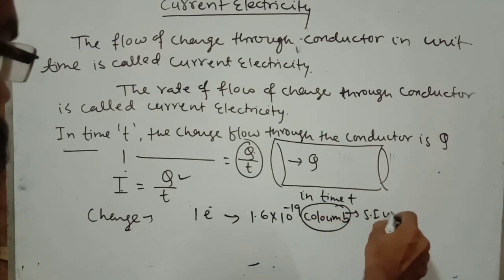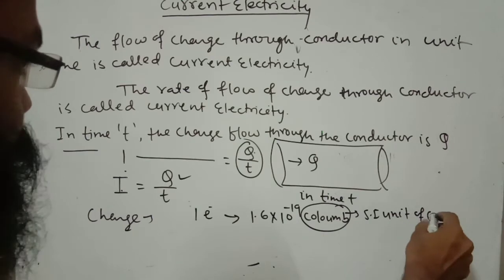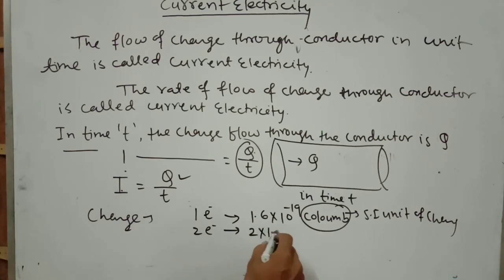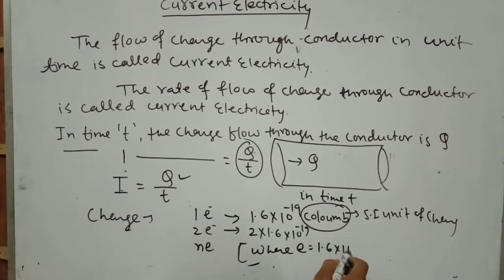If 2 electrons flow, the charge is 2 into 1.6 into 10 to the power minus 19 coulomb. Similarly, if n electrons flow, the total charge is n into e, where e equals 1.6 into 10 to the power minus 19 coulomb.